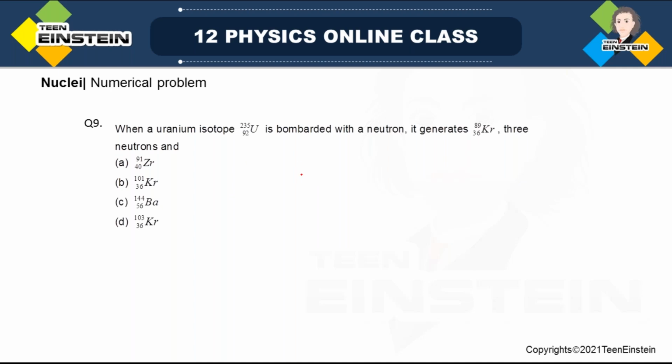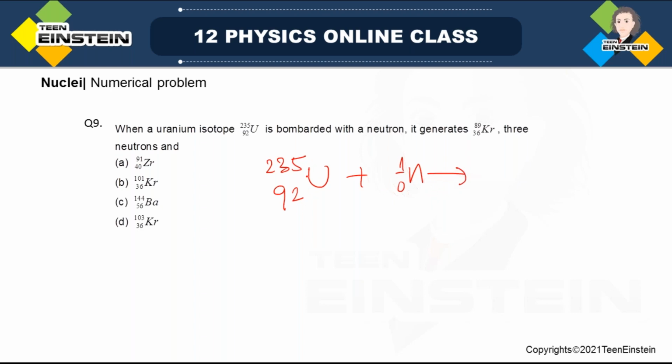Here it is stated that when a uranium nucleus is bombarded by a neutron, which has charge 0, mass 1, then what happens in the reaction?